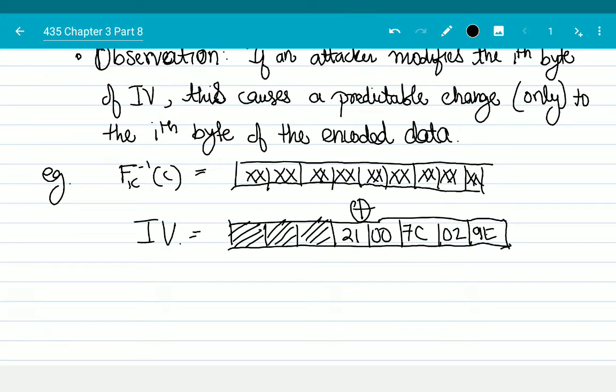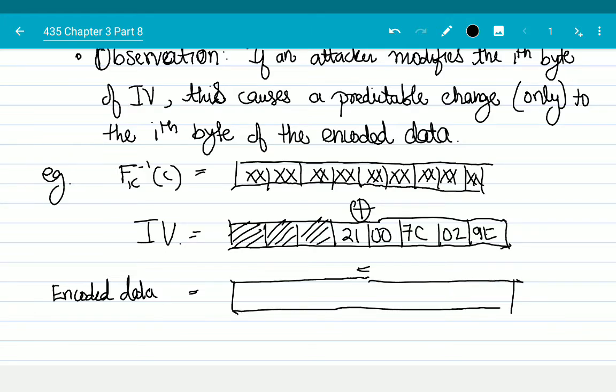Then my encoded data is going to look like 0, 6, 0, 6, 0, 6, 0, 6, 0, 6. There should be 6 of these, and some other garbage. Right?